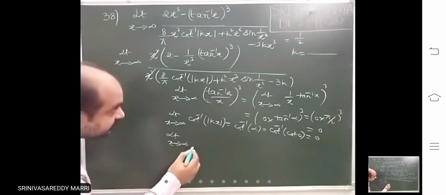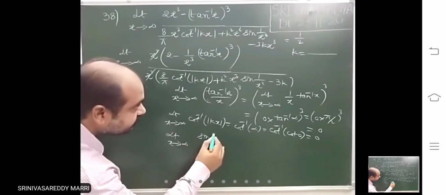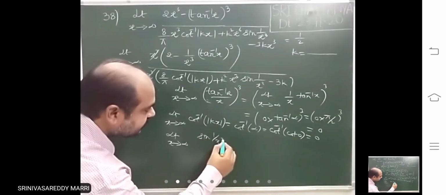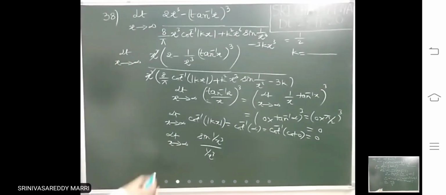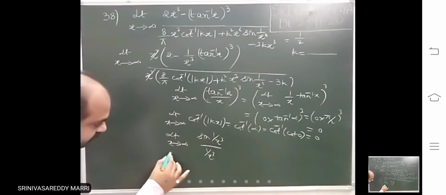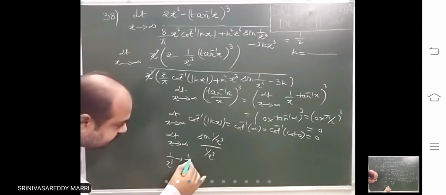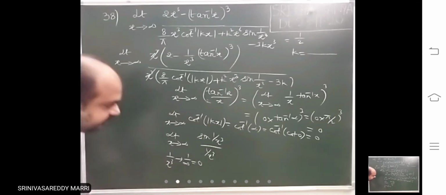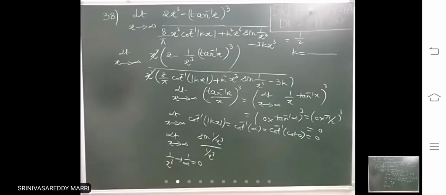Limit x tends to infinity, this you can write as sin 1 by x cube divided by 1 by x cube. If x tends to infinity, 1 by x cube tends to 1 by infinity, that means 0. So therefore this is sin f of x divided by f of x, f of x tends to 0, so this is 1.